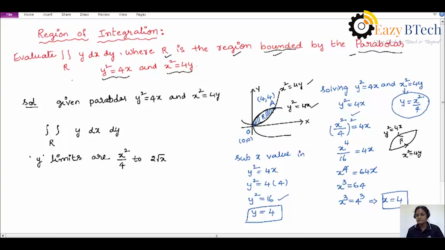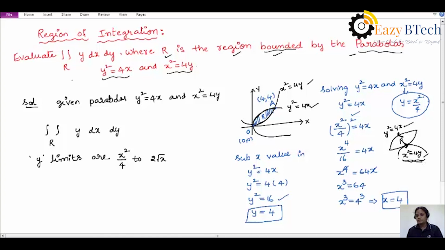In the required region, the lower part is the parabola x square is equal to 4y and the upper part is the parabola y square is equal to 4x. So this parabola gives the lower limit and this parabola gives the upper limit.